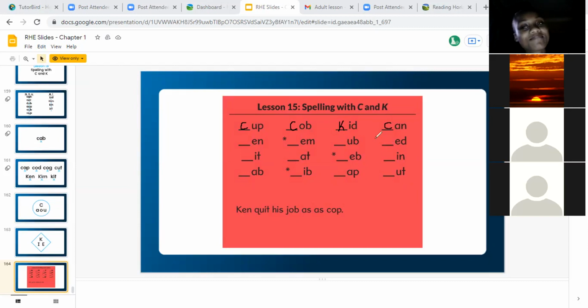Because of the vowel A. So what is this one then? K. So Hannah, now help me, and Oral, now help me. What's this nonsense word here? A.